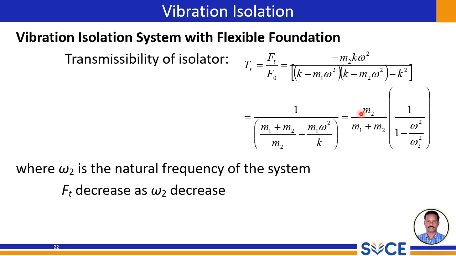It may be further simplified in terms of masses and k, and further rewritten in terms of the natural frequency to forcing frequency ratio. From this, we can see that the transmissibility of the isolators, where omega 2 is the natural frequency of the system, Ft decreases as omega 2 decreases.